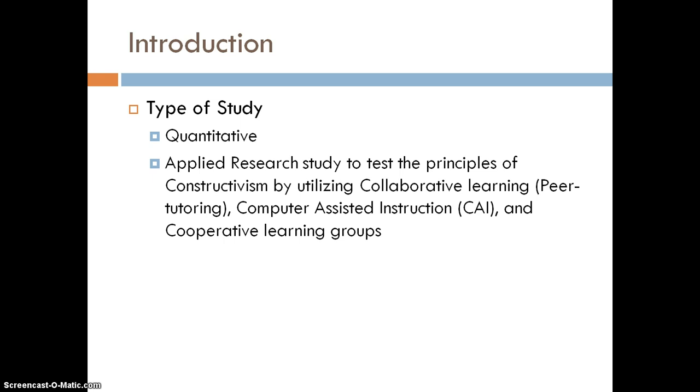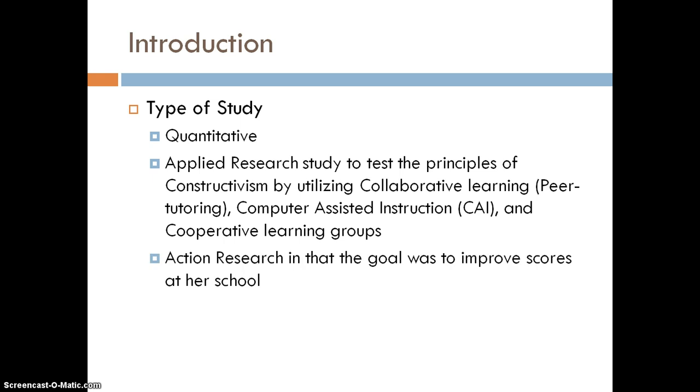This is an applied research study, as she stated herself. Her goal was to test the principles of constructivism, and she utilized collaborative learning in the case of peer tutoring, also computer-assisted instruction and cooperative learning groups.